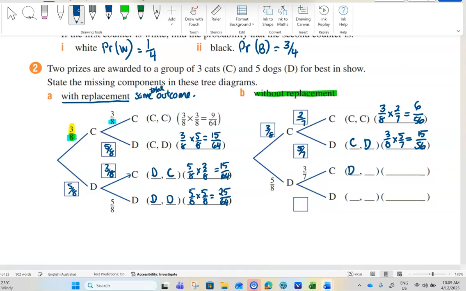This one would be a dog and a cat. 5 over 8 times 3 over 7. 15 on 56. And the dog and the dog. If a dog's already gone, there will only be 4 dogs left. So it'd be 5 over 8 times 4 over 7. So it'd be 20 over 56. You can simplify them if you want, but we'll just leave them as 56. That's okay.